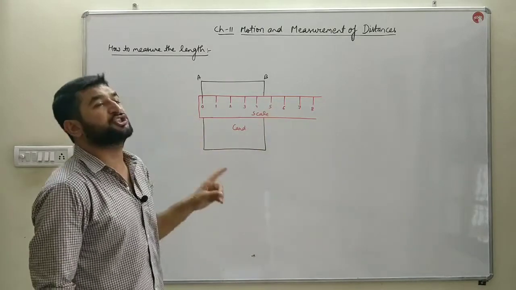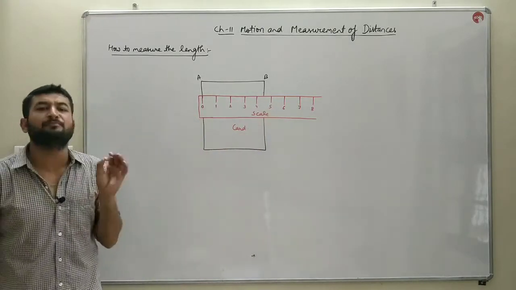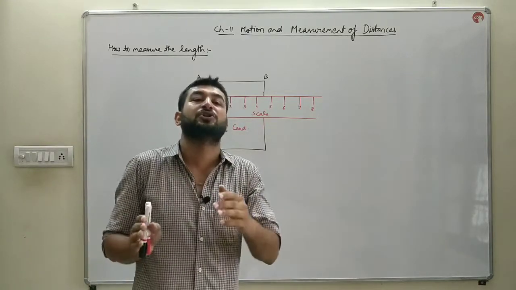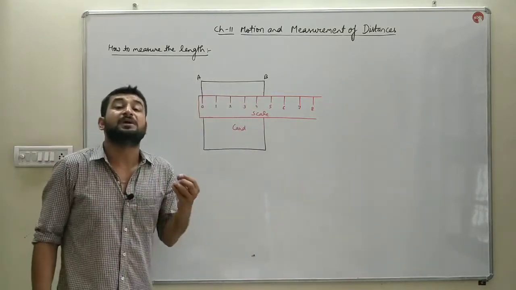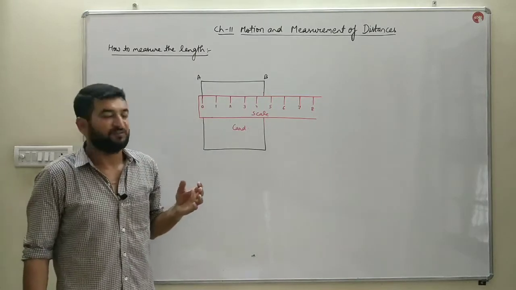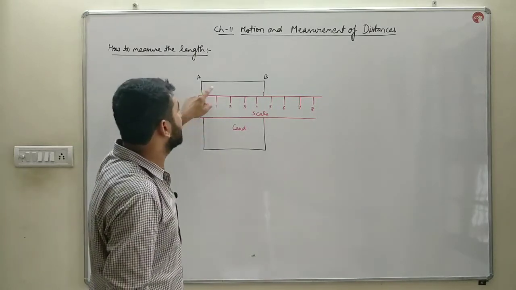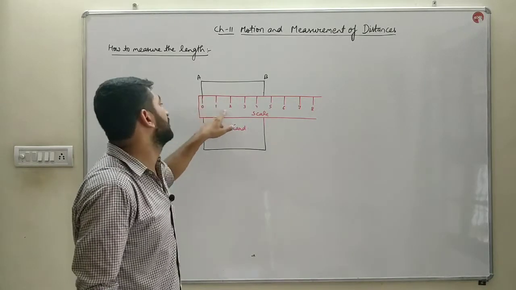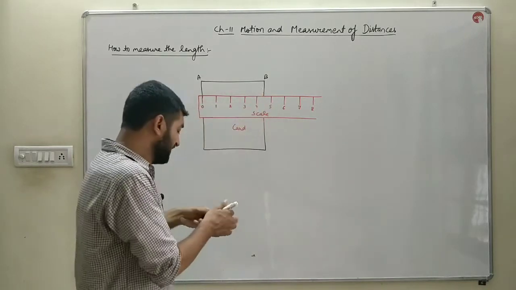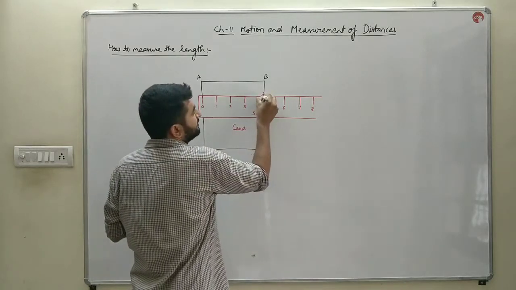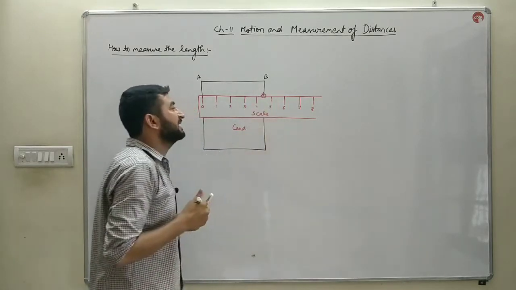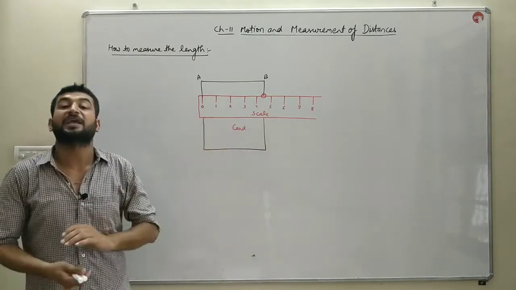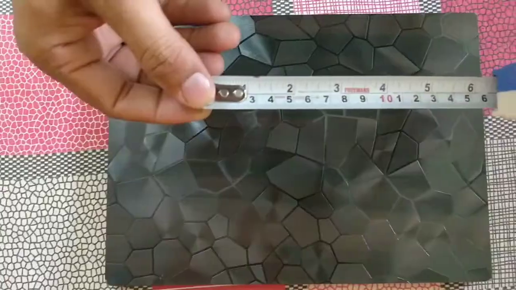The 0 must be on the same point from which we start to measure the length. For example, if I want to measure the distance between A and B, then I have to place the 0 at A, and then so on. The readings are to be calculated till here. This will give me the reading in centimeters regarding this card, that is from A to B.